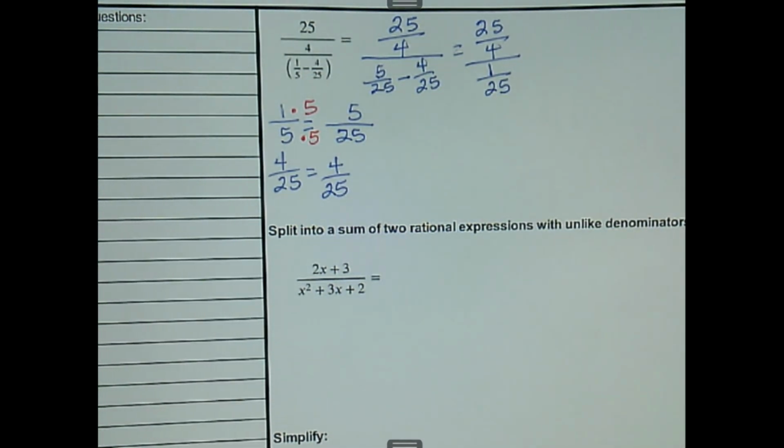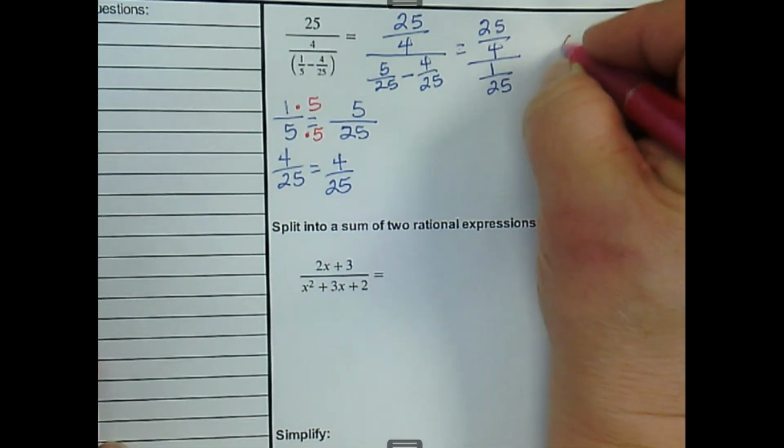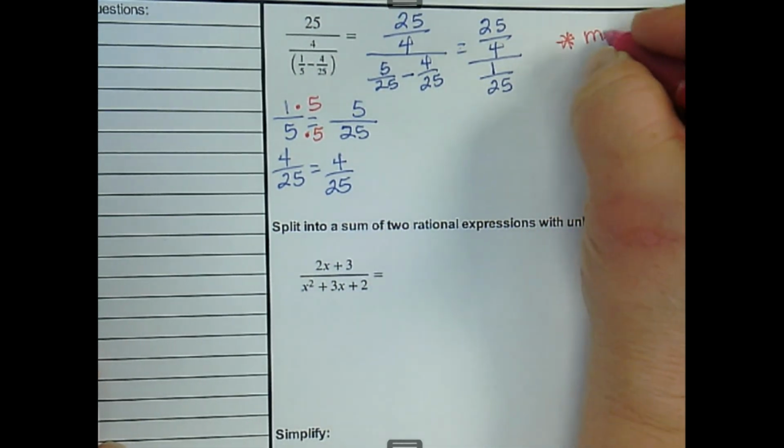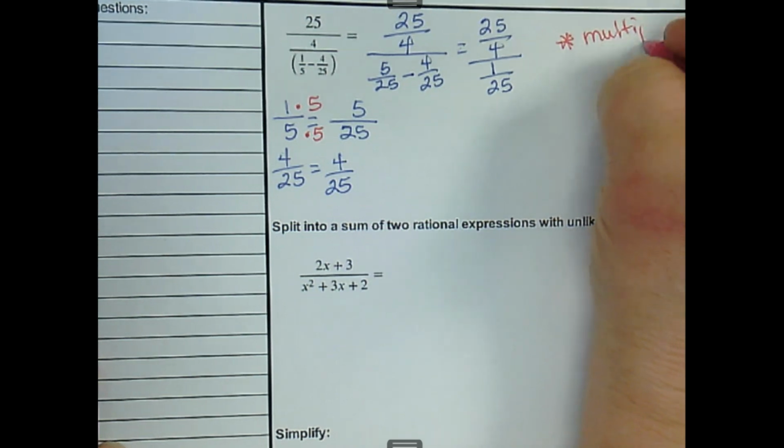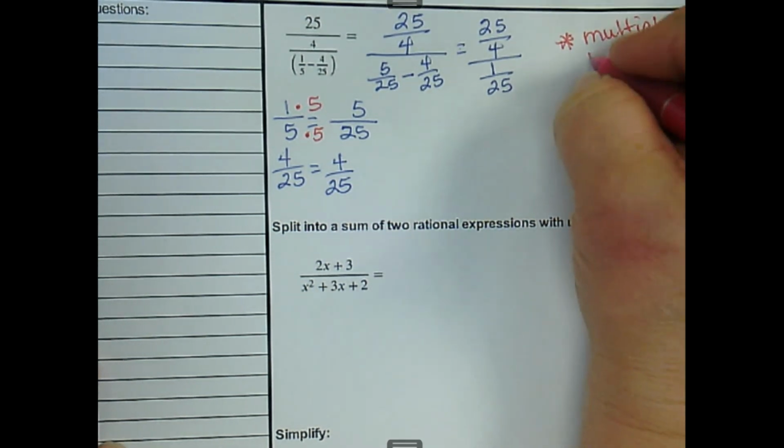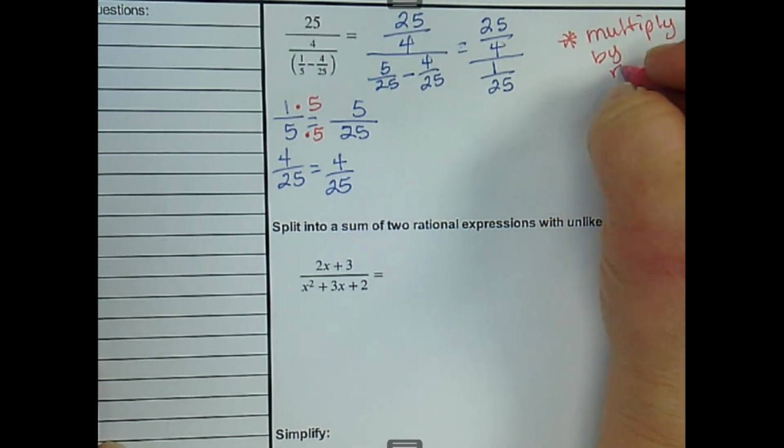Okay, now pause there for a minute. You've got a fraction and you're dividing it by another fraction. Do we divide by a fraction? No, we multiply by the reciprocal.